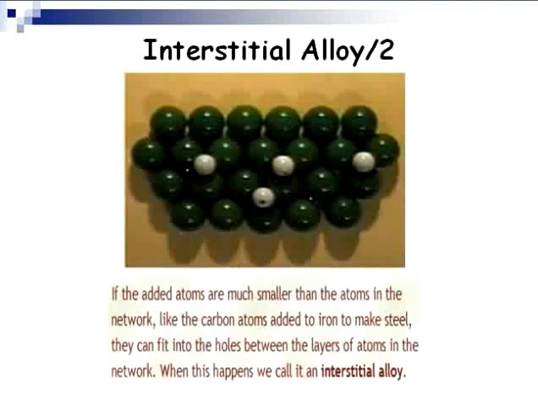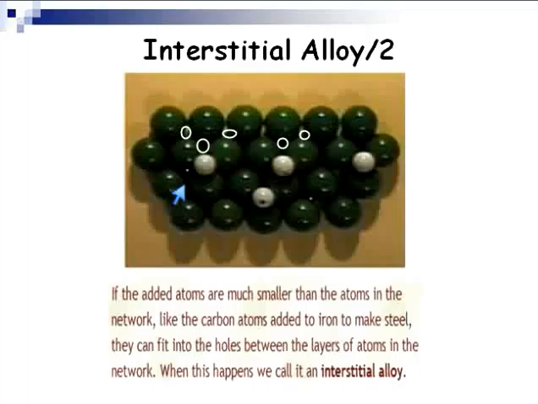And here's another picture with the marbles. Now here you have the same pattern and you have that space. Here you can kind of see the space, not really that well in this picture. But you can see where the space would be, and that's where those other white beads stick in between the marbles. So if added, the atoms are much smaller than the atoms in the network, and the green marbles would be the atoms in the network.